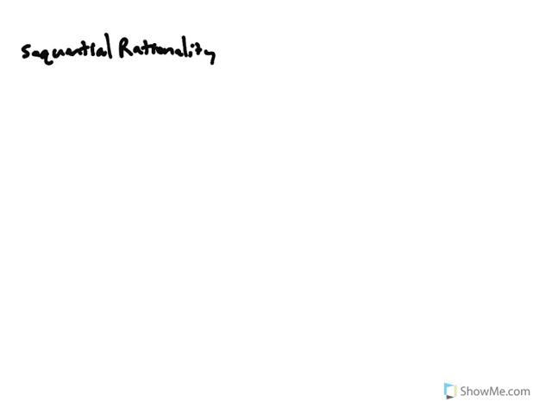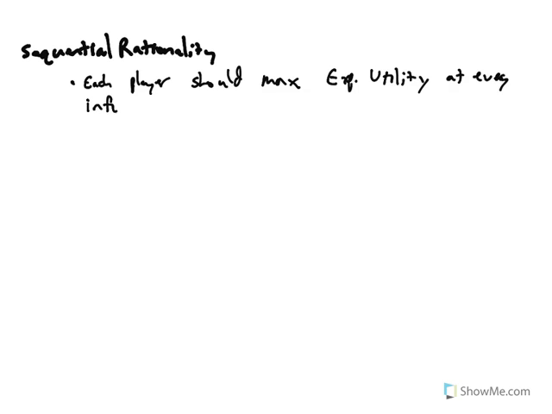Okay, and the key idea that we're going to require of decision makers in a sequentially rational equilibrium is that each player should maximize expected utility at every information set, regardless of whether it is reached in equilibrium.